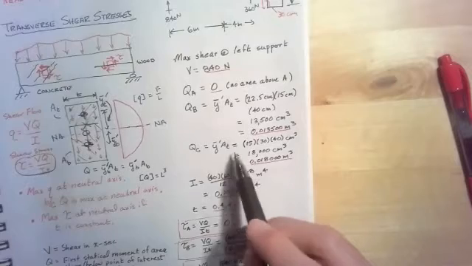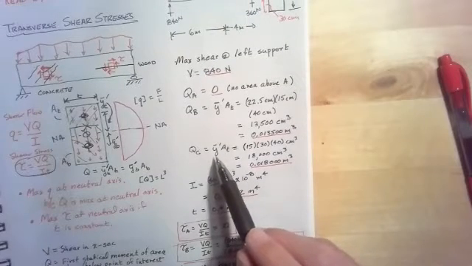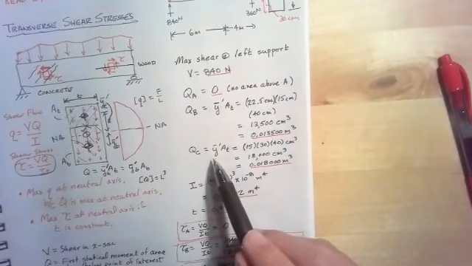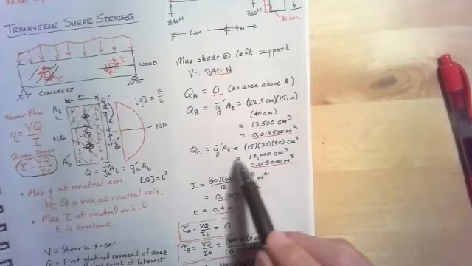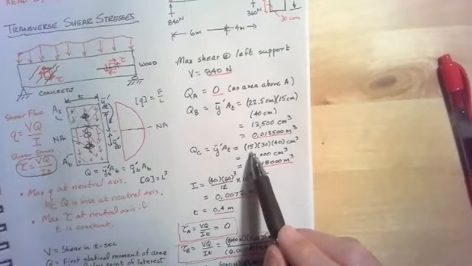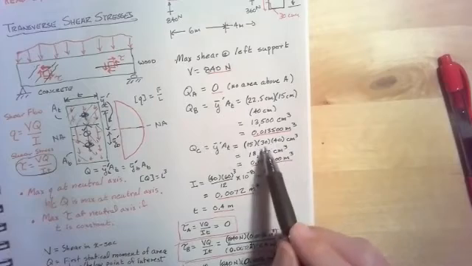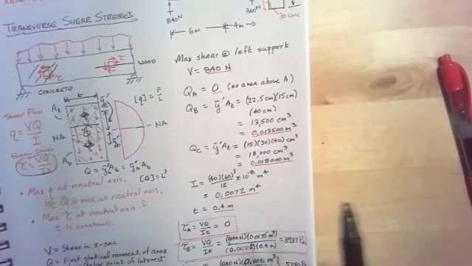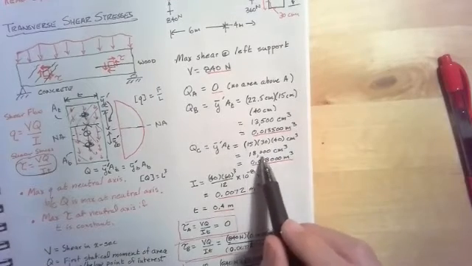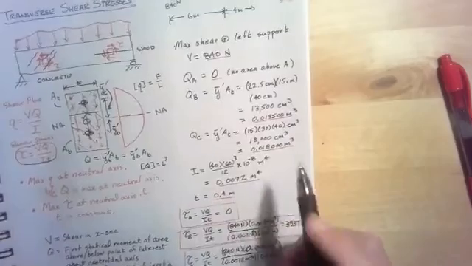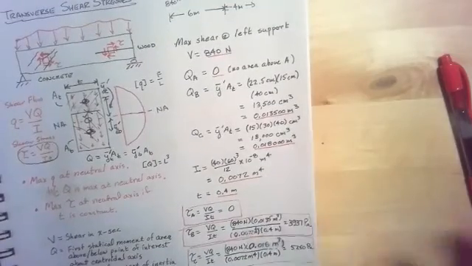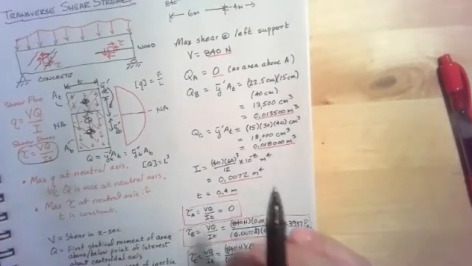I could do something very similar for point C, which is at the neutral axis, or the centroid. So Y bar for that would be 15 centimeters. And then I would have 30 by 40 for the area, and that would be centimeters cubed. That's 18,000 centimeters cubed, or 0.01800 meters cubed.